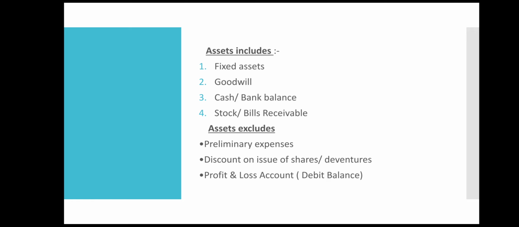So very simple thing to keep in mind is assets include all the assets except for fictitious assets like preliminary expenses, discount on issue of shares, and if there are any losses. So while solving the problem, we have to keep these things in mind, what assets include and what they exclude. So we have to remember that assets include everything except fictitious assets.